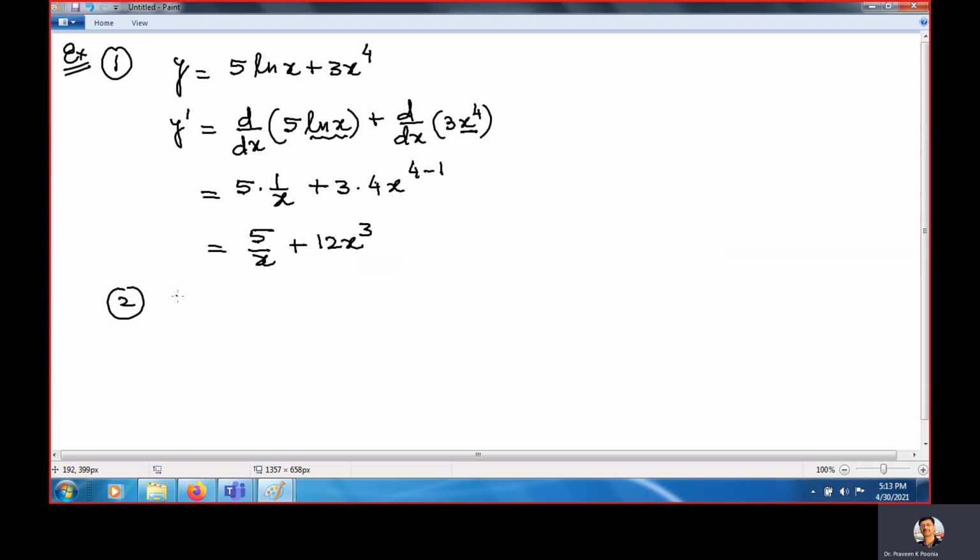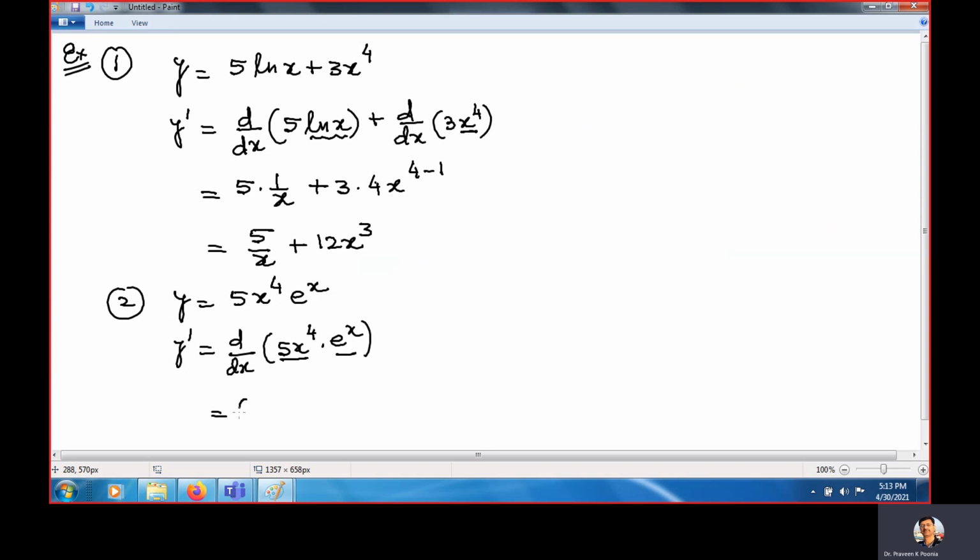One more question we will take here. It is y equals 5x power 4 e power x. Clear? So y dash equals d by dx of 5x power 4 into e power x. So this you can take as the first function, this you can take as the second function. It is the product rule.